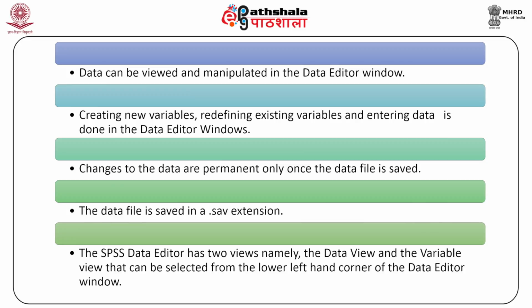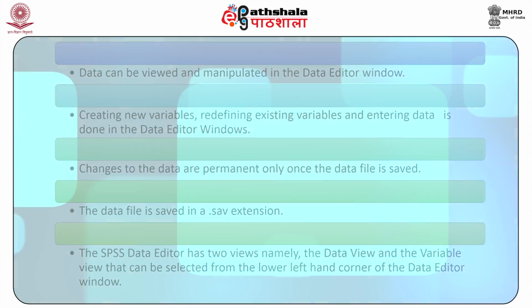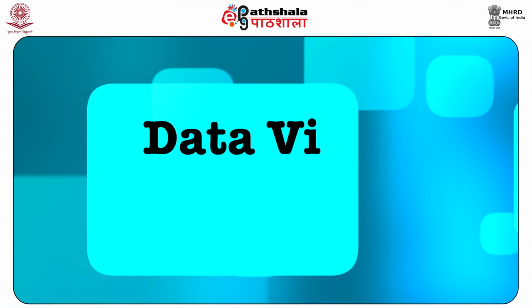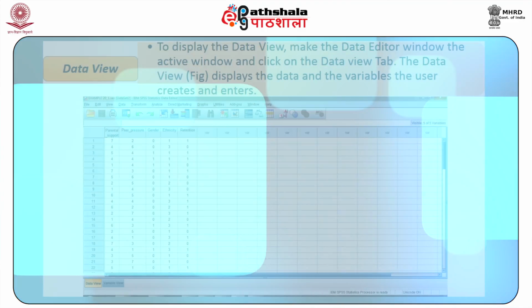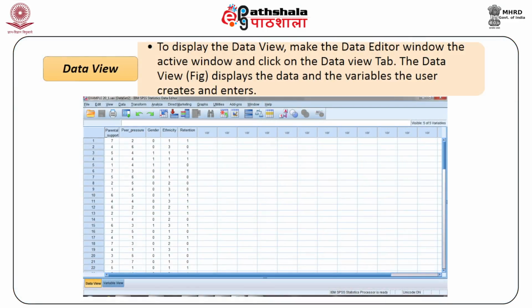The SPSS Data Editor has 2 views, namely the data view and the variable view, that can be selected from the lower left hand corner of the data editor window. The data view. To display the data view, make the data editor window the active window and click on the data view tab.